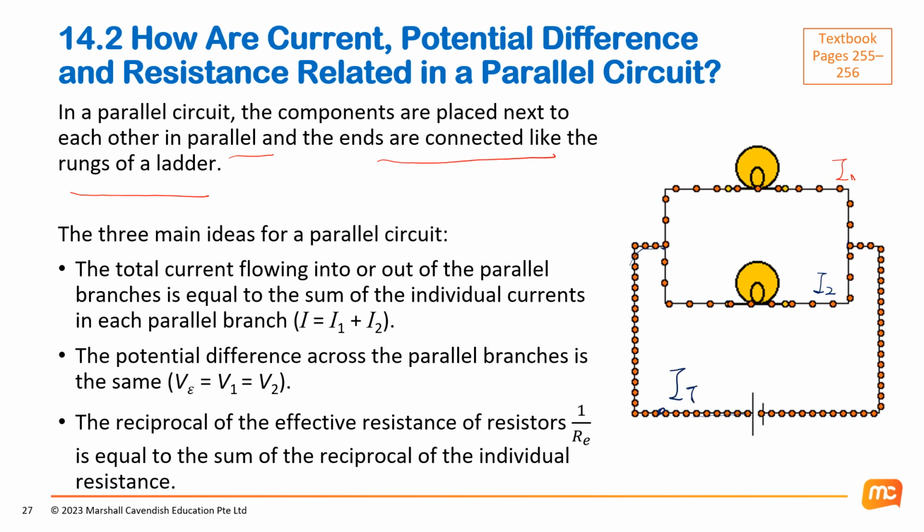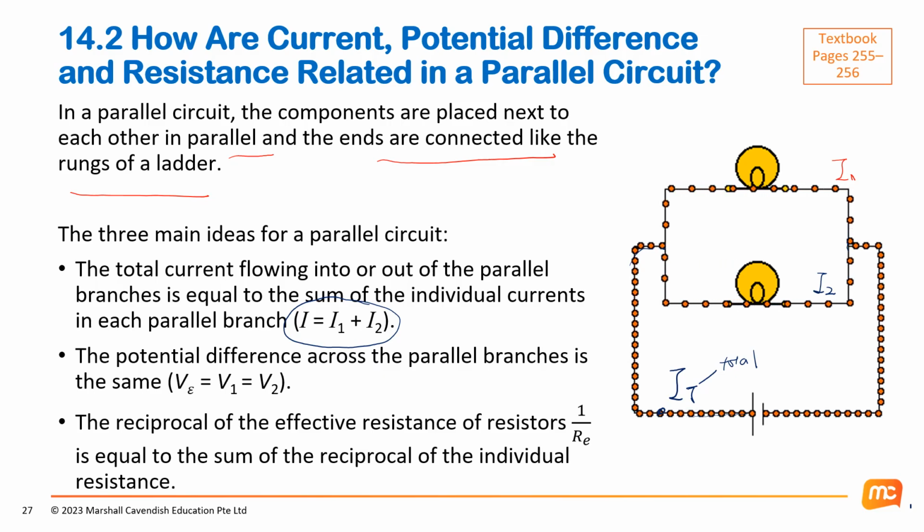IT stands for total. Then the total current that I should be getting back is the sum of the currents in each of the individual branches. The total current should be equal to the sum of the individual currents in each parallel branch.